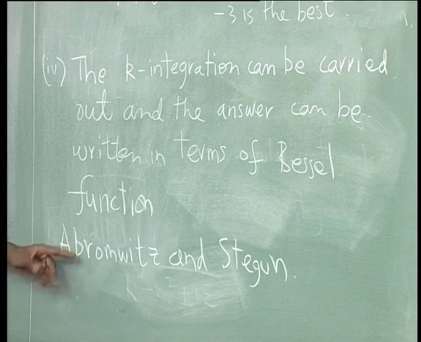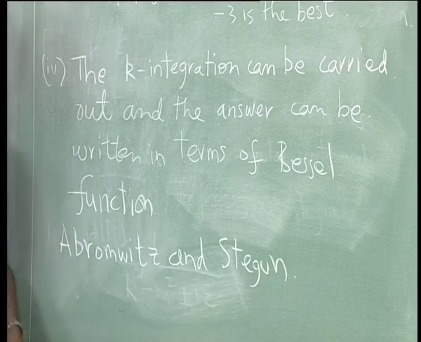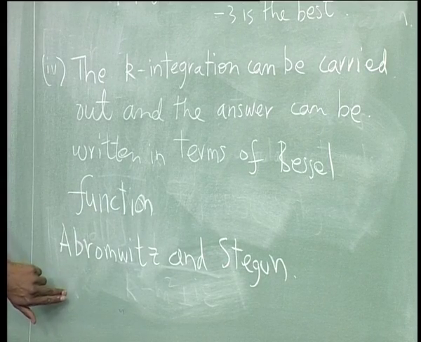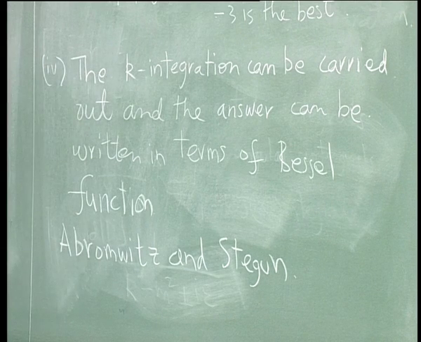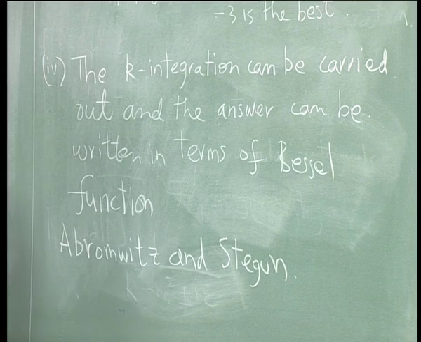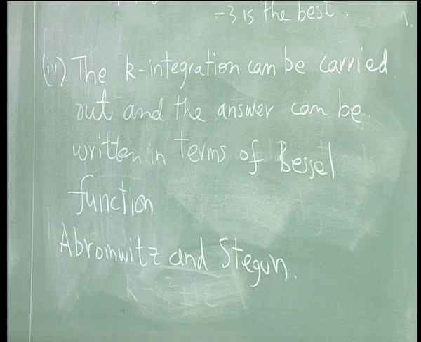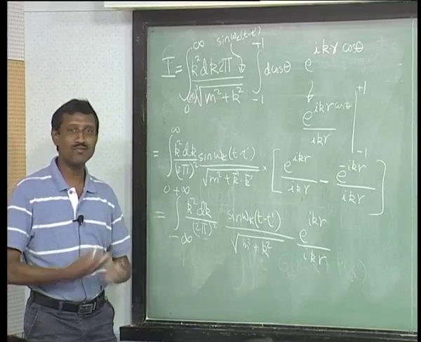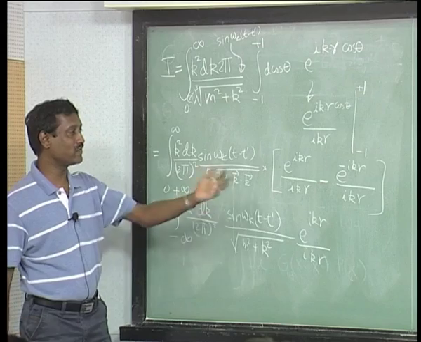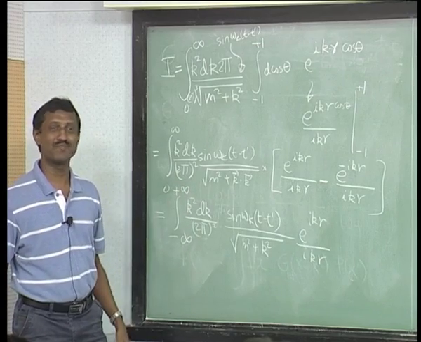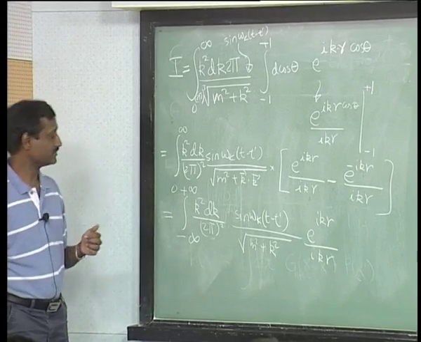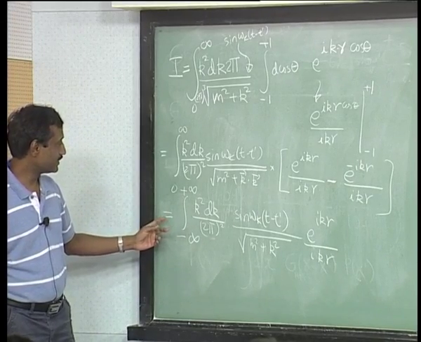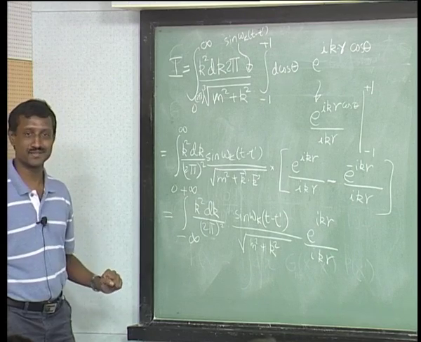You just search for this. I think there is even a Wikipedia entry, and you can look for Bessel functions and integral representations, and you will have to play with it a bit. It is not like every integral you see here should be there in Abramowitz and Stegun. You may have to massage it a bit, but I think I have given you enough of a hint that it can be written in terms of Bessel functions. So you can indeed complete this.